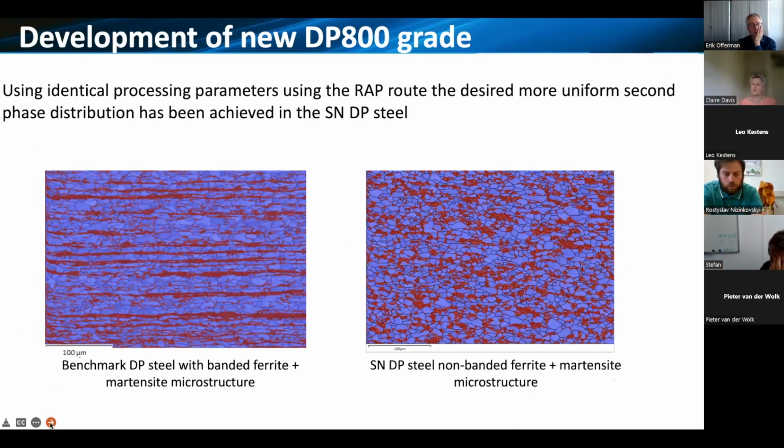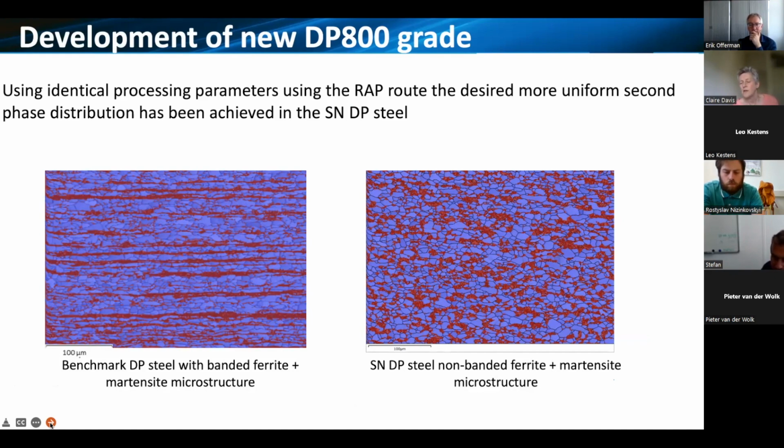So we carried out the same processing in the lab. We benchmarked our lab processing for the conventional composition against commercial material. That's the image on the bottom left, very familiar: banded ferrite-martensite, ferrite-pearlite in the hot rolled condition microstructure.